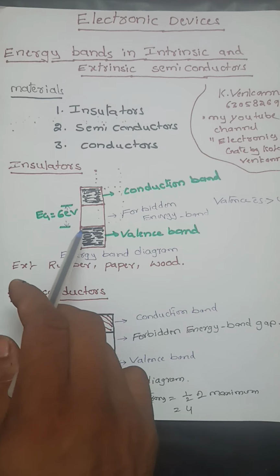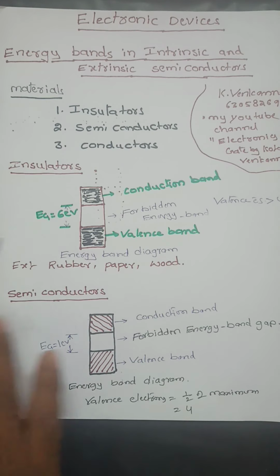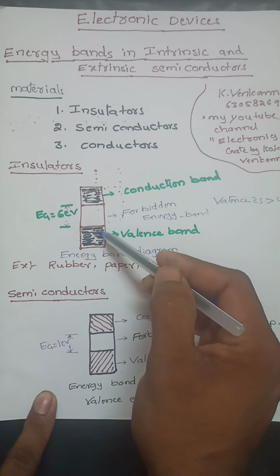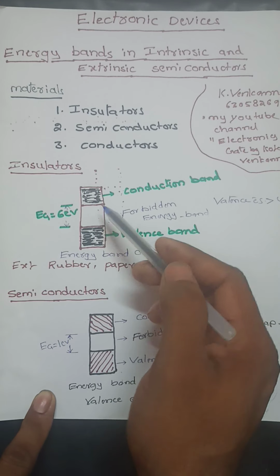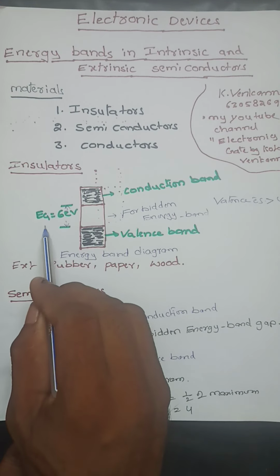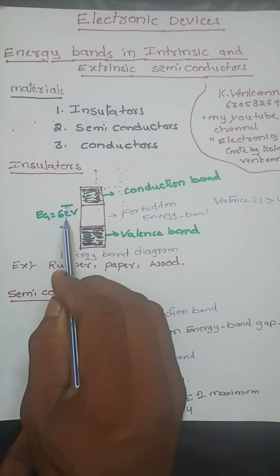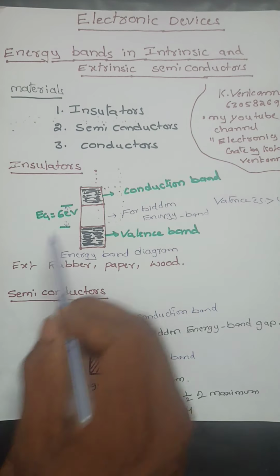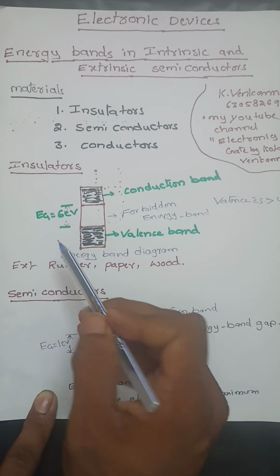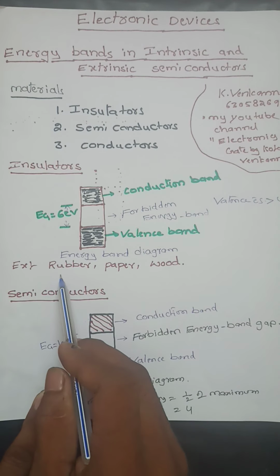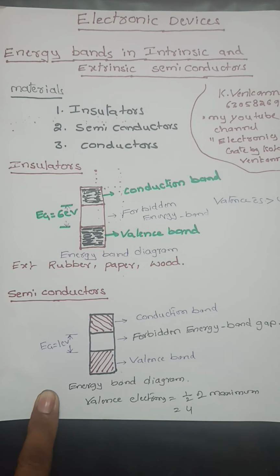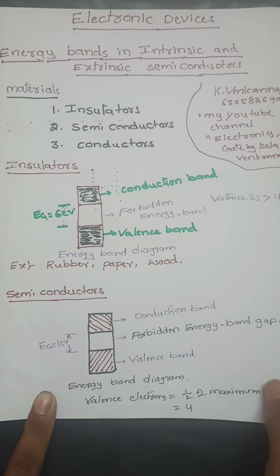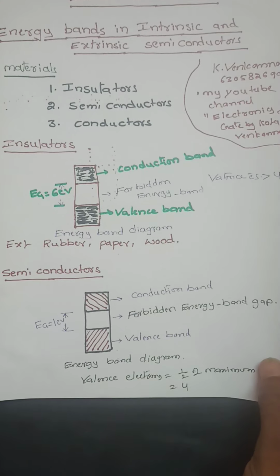But in an insulator, conductivity is not possible because the energy band gap is more. For insulators, Eg is equal to 6 electron volts. Examples: rubber, paper, wood.